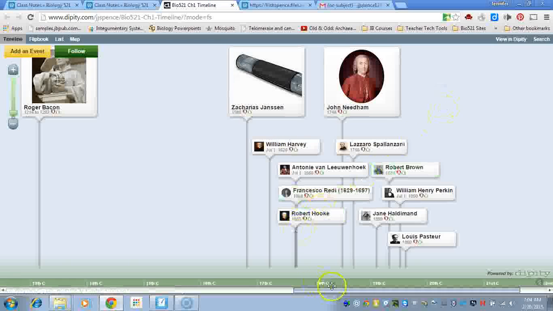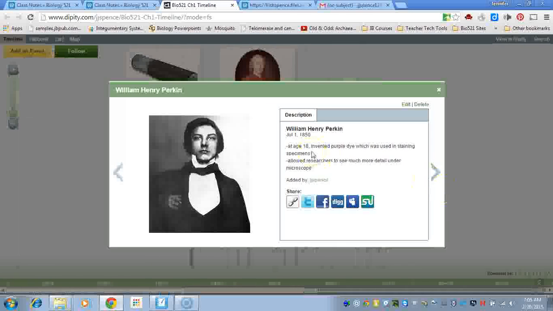Another fellow we made note of who was important in allowing us to see great detail in the microscope is William Henry Perkin. He was a young chemist working under a more famous chemist in a lab, and he invented a purple dye.